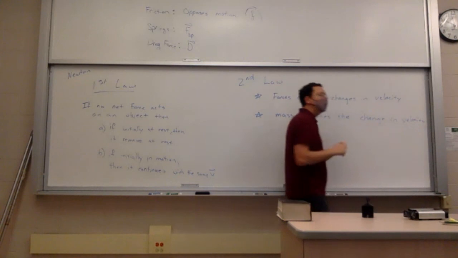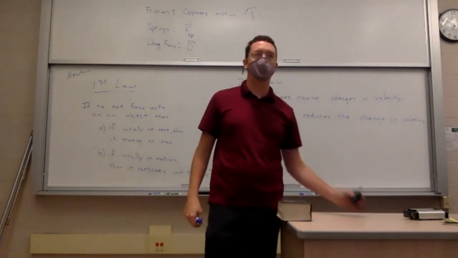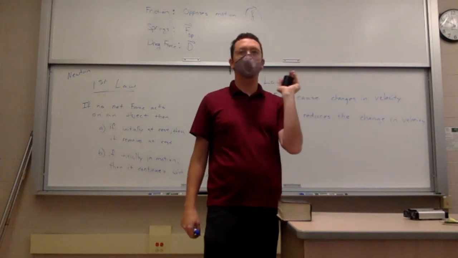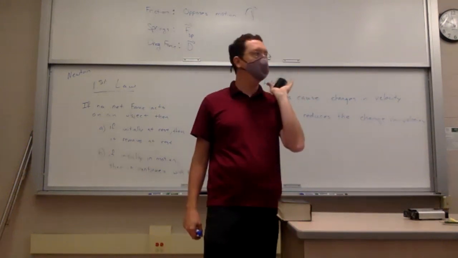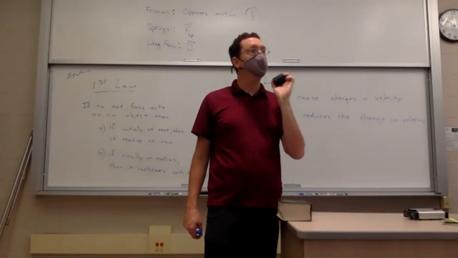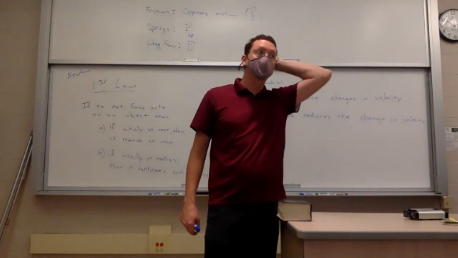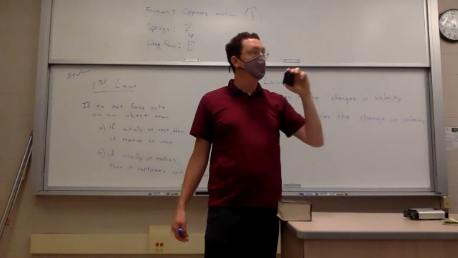Mass of the object. What is another, maybe a slightly older word for mass? Begins with an I, ends in an A. Inertia? You ever heard that term used? What does inert mean? Again, noble gases, right? In chemistry.